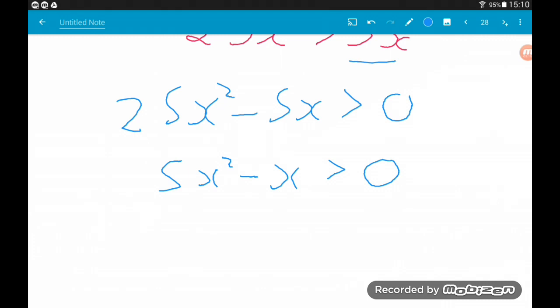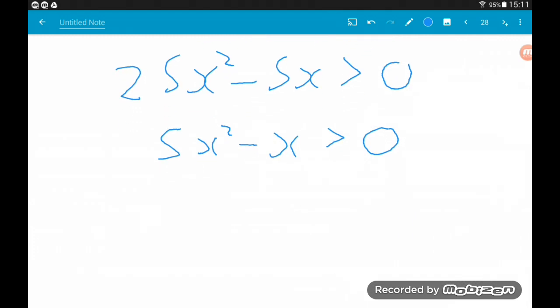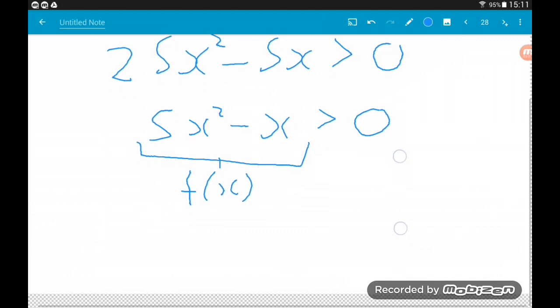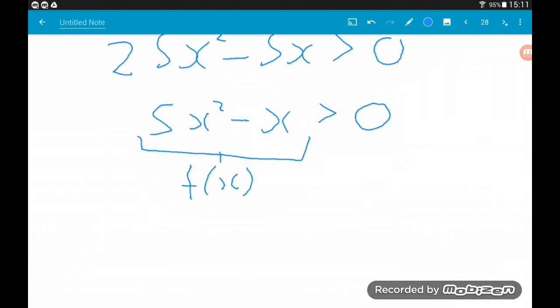Okay, so now on the left, I'm going to factorize this quadratic. If we think of 5x squared minus x as our f of x, let's set f of x equal to 0.